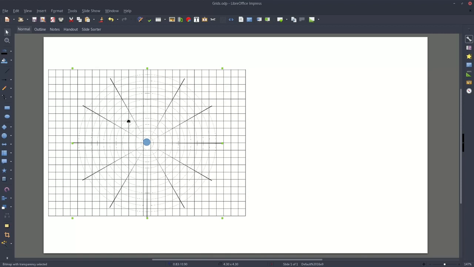So if there's a point right here, let's just draw something, let's just draw that right there.